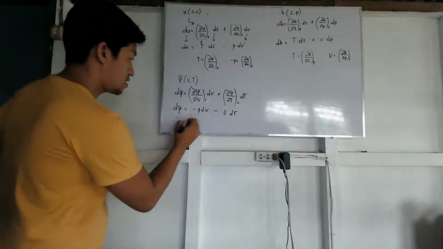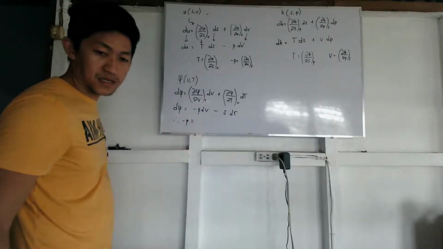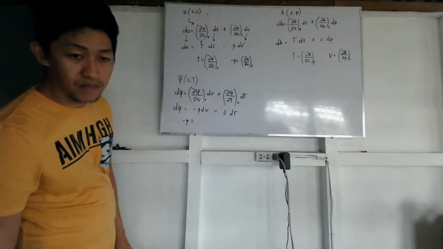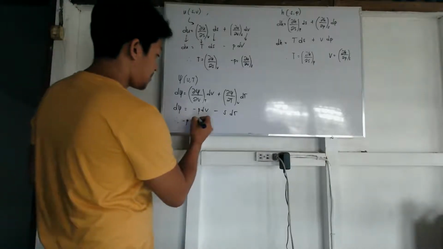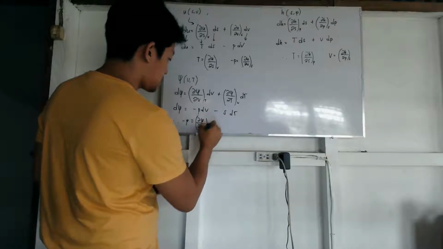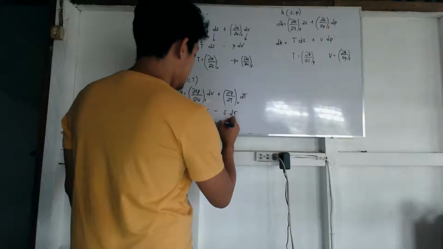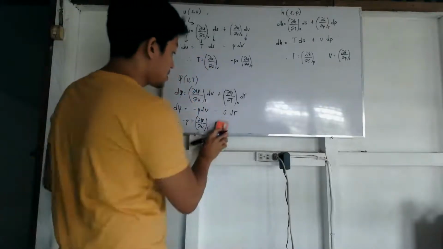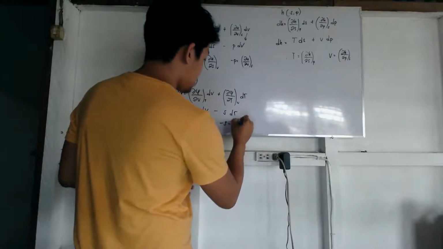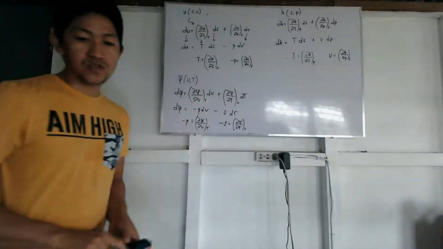Again, therefore, negative P is just partial of psi with respect to v, constant temperature, and negative S is equal to partial of psi with respect to T, constant volume.